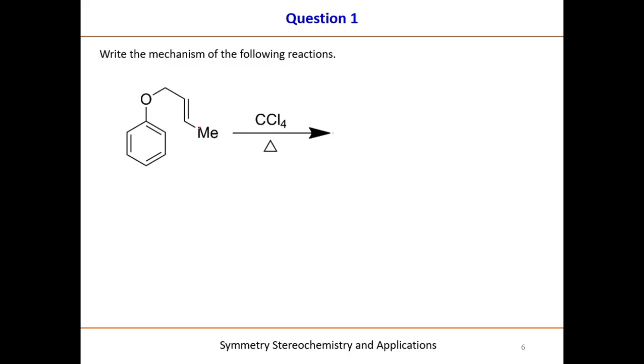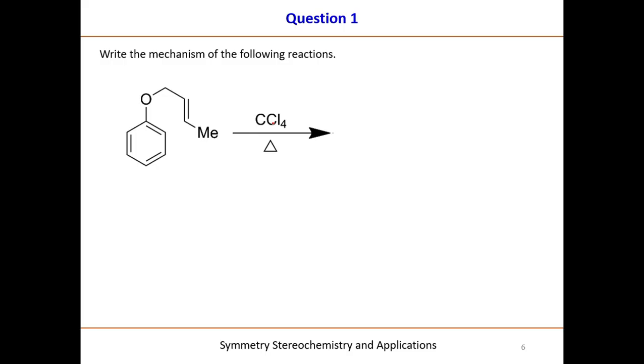This is the allyl group. So an allyl aryl ether undergoes Claisen rearrangement when heated to 200 degrees. Here heat is mentioned, that means it is heated to about 200 degrees in an inert solvent. CCl4 is an inert solvent.